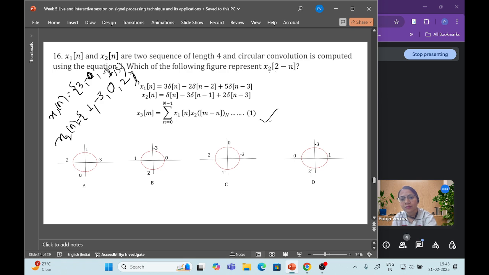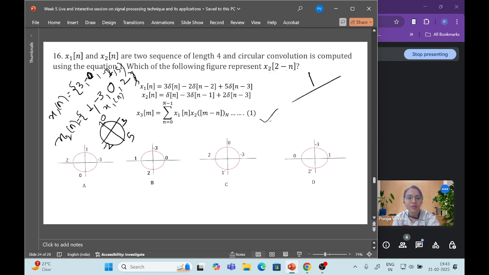Okay. Now plot x1(n). So x1(n) will be 3, 0, minus 2 and 5.